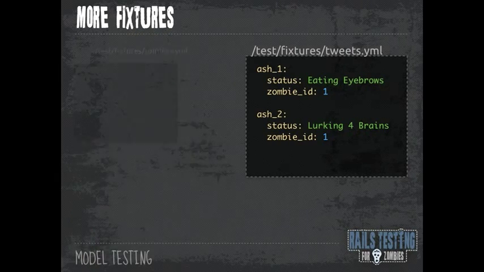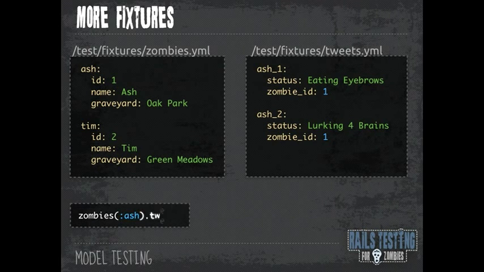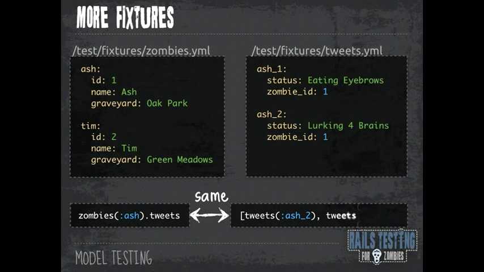So we're going to have to reopen that zombie fixture and specify that Ash has an ID of 1 and maybe Tim has an ID of 2, and that will get properly set in our database. Now if we call zombiesash.tweets, it'll return all of Ash's tweets. And that's basically the same thing as creating an array where we return both of these fixtures.